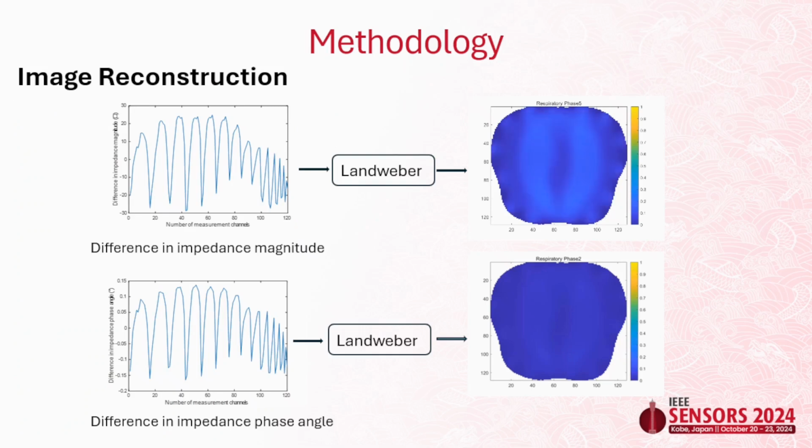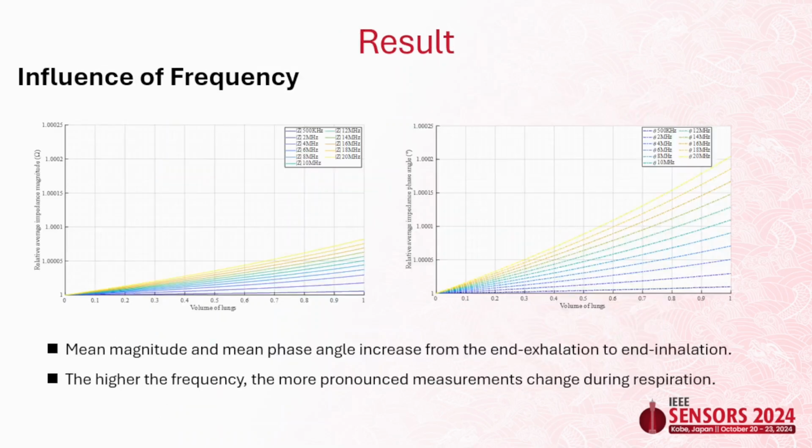And we tried some methods based on the simulation data, through some simple method like Landweber, and this shows some results. We do find something about the impact of the excitation frequency.